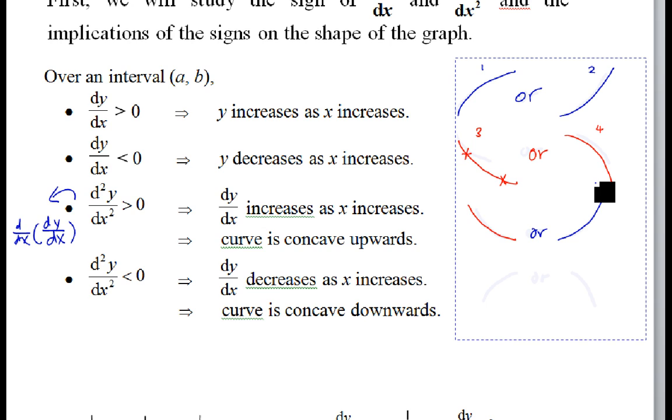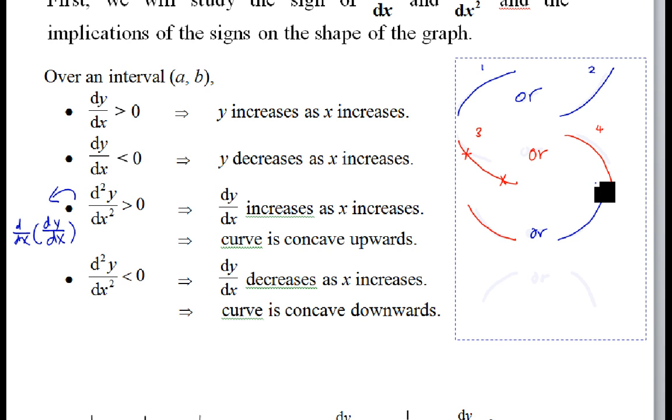For a minimum, d2y dx squared must be positive, because at this point, if it's like that, then it's a minimum. So the curvature helps to test whether it's a minimum point or maximum point. Now you know why; previously you just memorized that positive means minimum point. You follow what I'm saying?